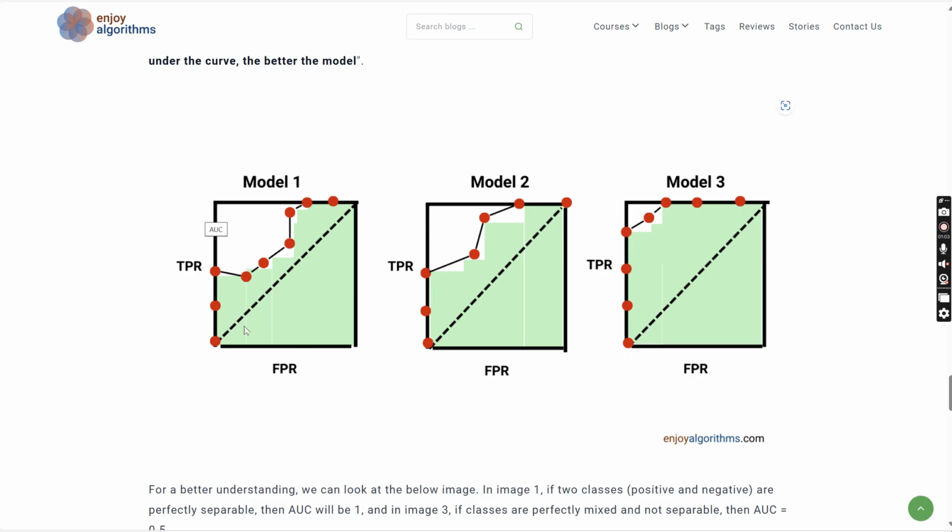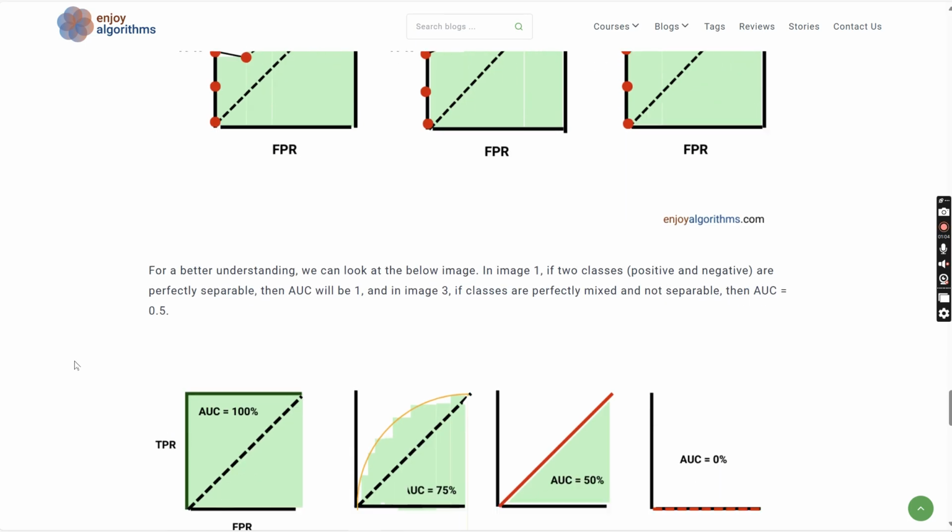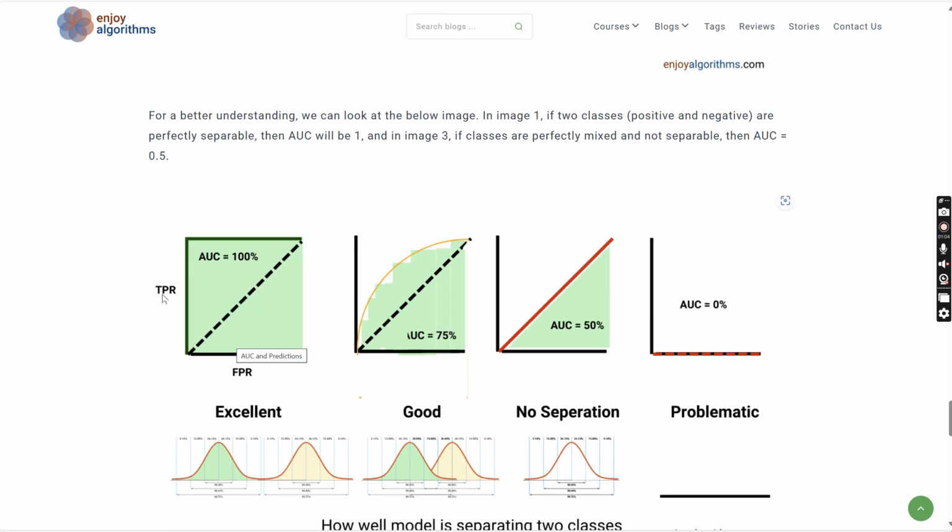And if these lines were below this, the area under the curve would have been even lower than 0.5, and we don't want that model. So generally anything above 0.5 is desired. Actually desired is 0.9 and above, but the recommended one is more than 0.5. When you measure your true positive rate versus false positive rate, the area under the curve will be higher.